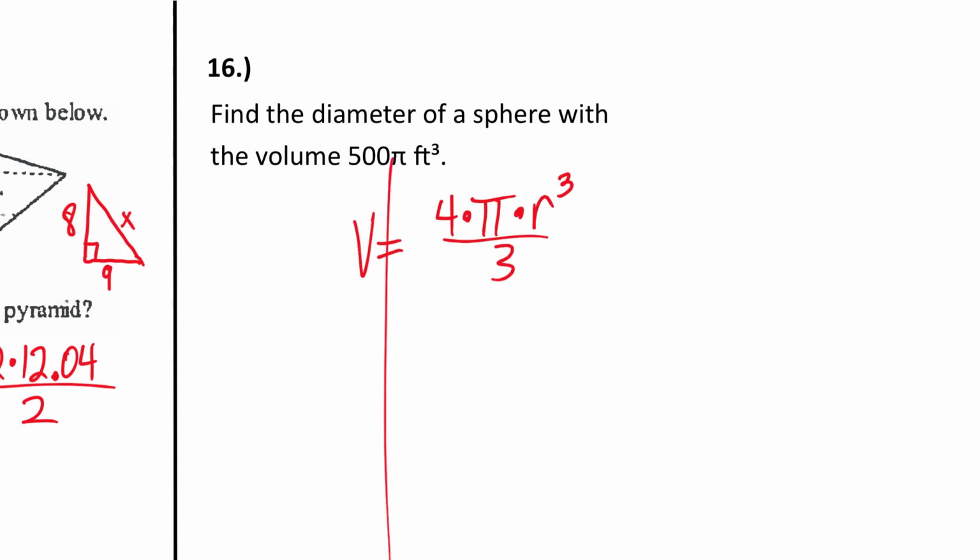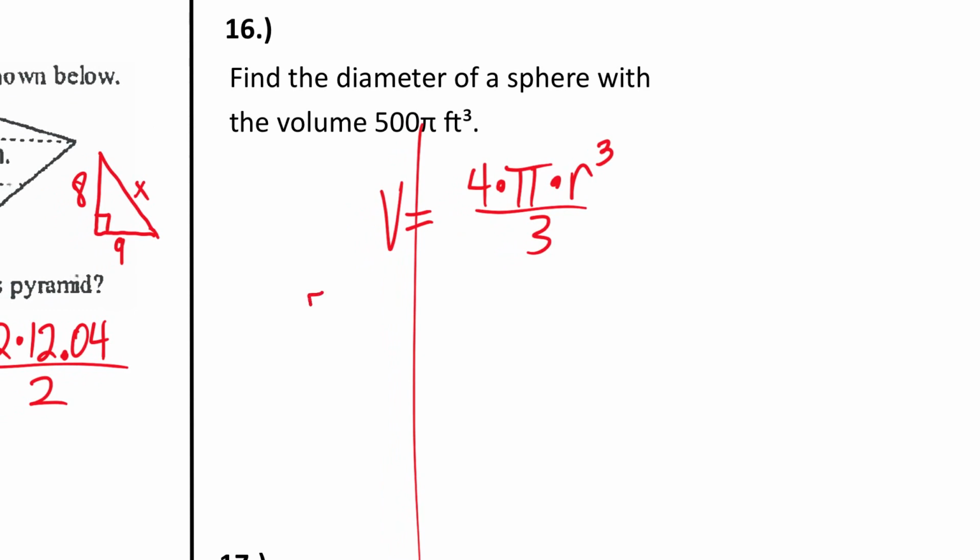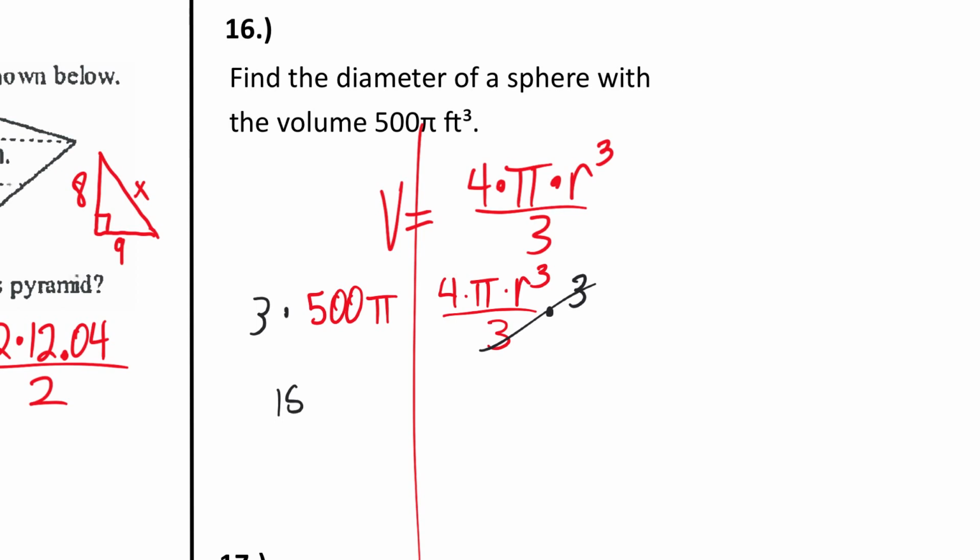Okay, volume of a sphere is 4 pi r cubed over 3. So we're going to work backwards. We know the volume is 500 pi. Multiply both sides by 3. It's going to give me 1500 pi equals 4 pi r cubed. Divide by pi. Those cancel out.